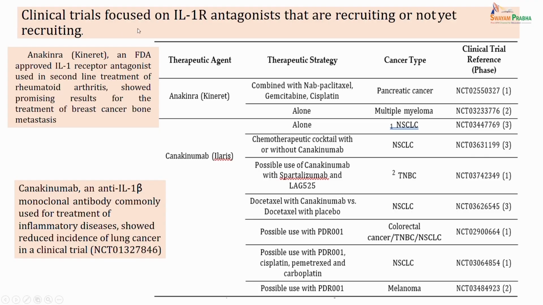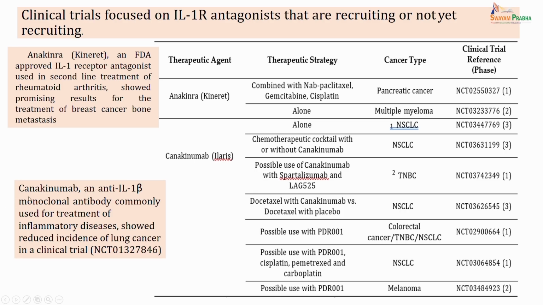There are several clinical trials focusing on interleukin-1 receptor antagonists. Therefore, there is a particular compound called anakinra, also called Kineret. This is an FDA-approved IL-1 receptor antagonist, used in the second-line treatment of rheumatoid arthritis, but it is also showing promising results in the treatment of breast cancers along with bone metastasis. So there are trials going on.